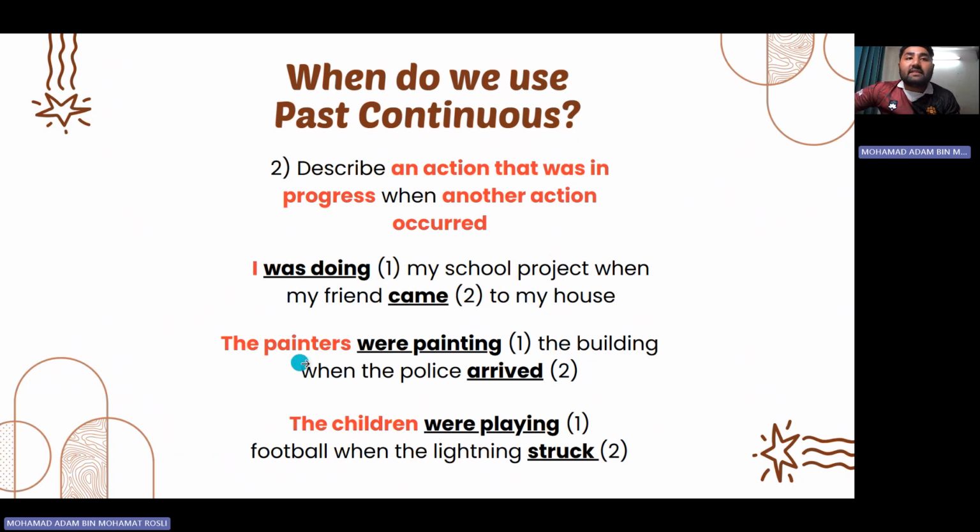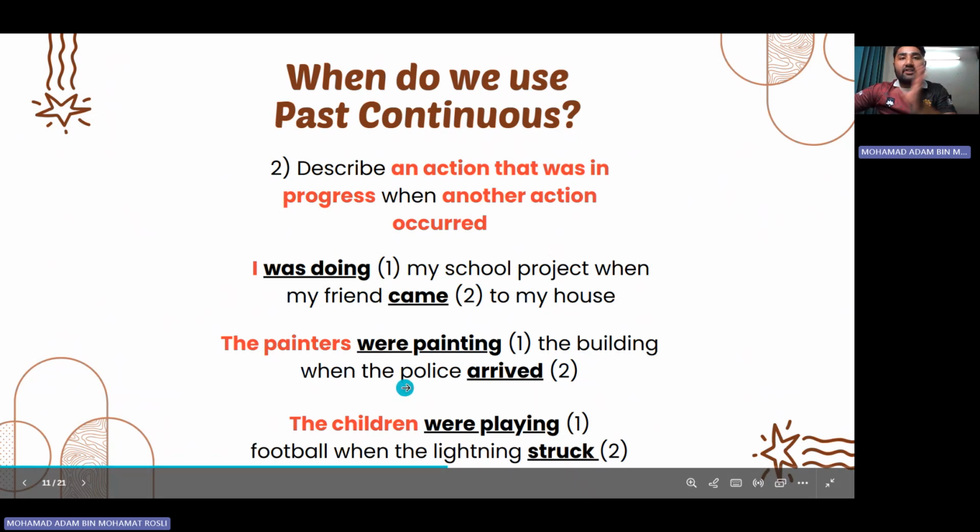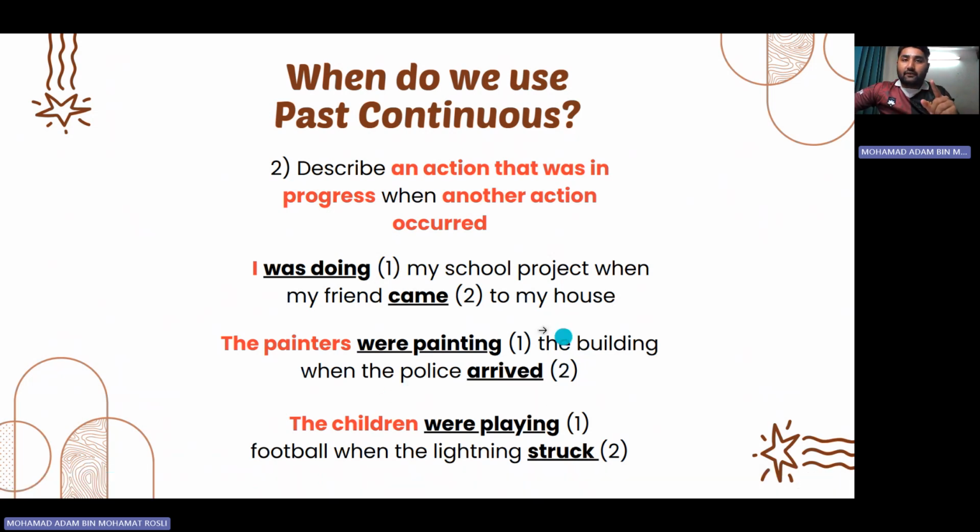Next, the painters were painting the building when the police arrived. So here, the painters, there is an S here. Therefore, it is a plural subject. So we use were, and then this is the first action. Whereas the painters were painting the building, and then another action occurred. Whereas the police arrived. Therefore, this is the first activity, and this is the second activity that happened.